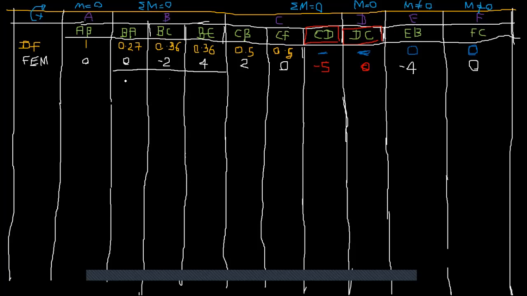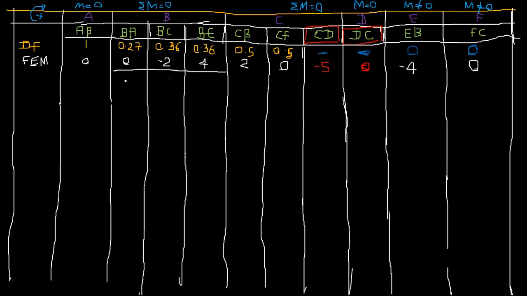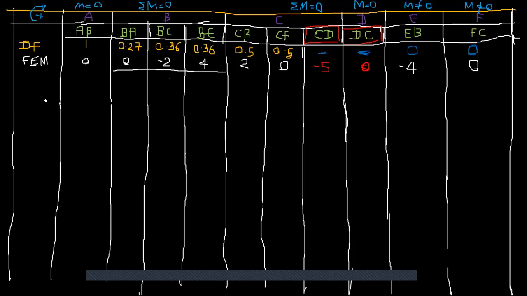So you just multiply minus 2 into 0.27, so that's going to be minus 0.54.